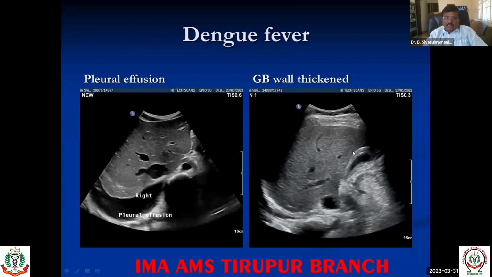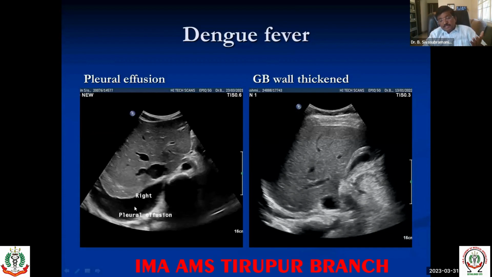You can see this gallbladder wall is thickened, and you can see a little bit of fluid around it. So this is the edematous gallbladder with wall thickening, and you can see a nice fluid effusion here. This is the liver, and this is the fluid effusion.